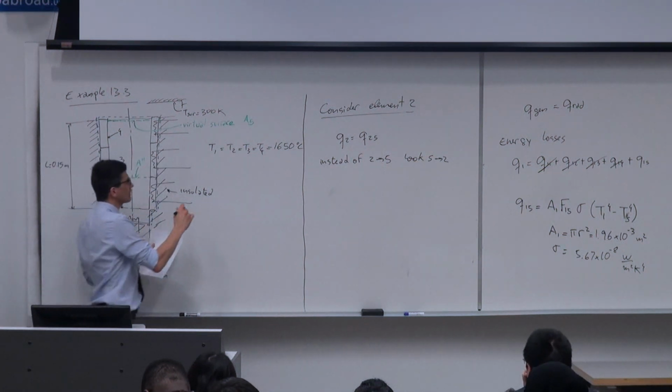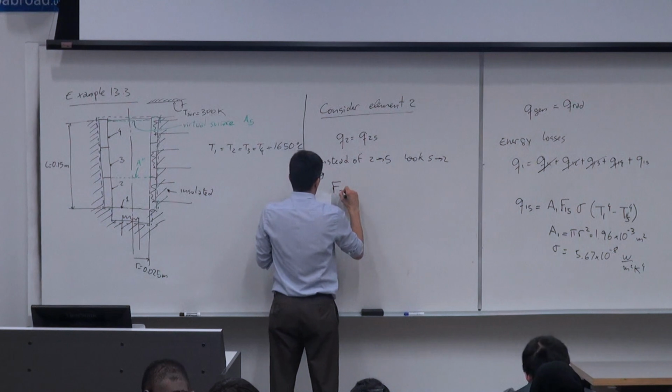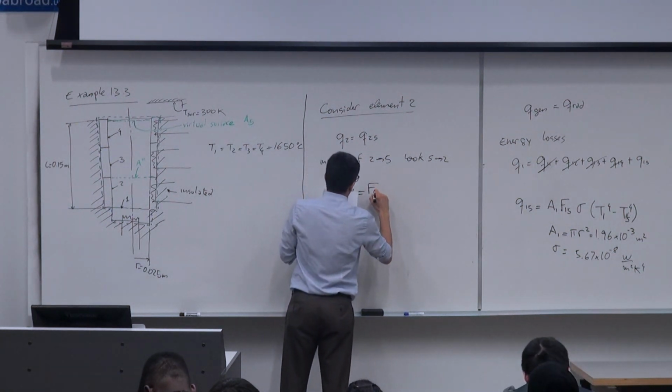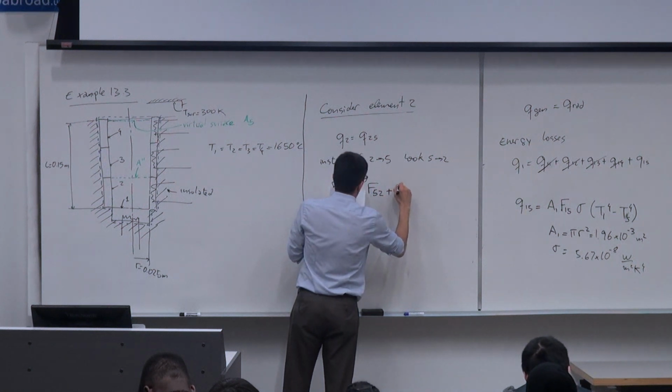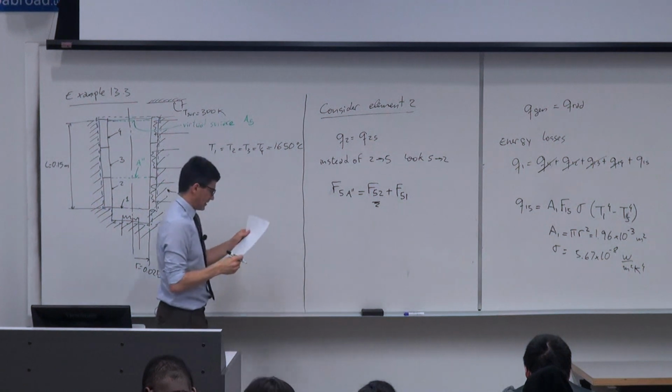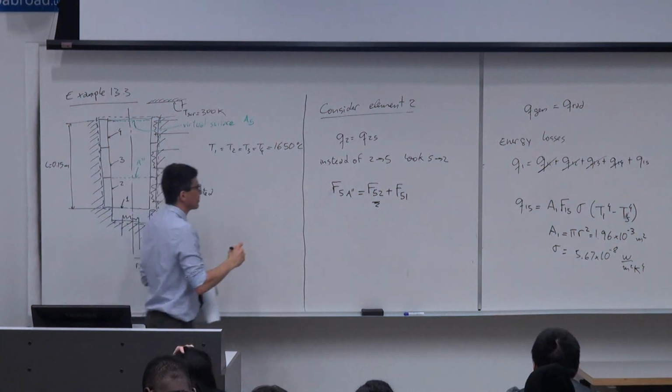And so we would have F of 5 to A double prime is F52 plus F51. This is the one we care about. Now, this is the additive property.